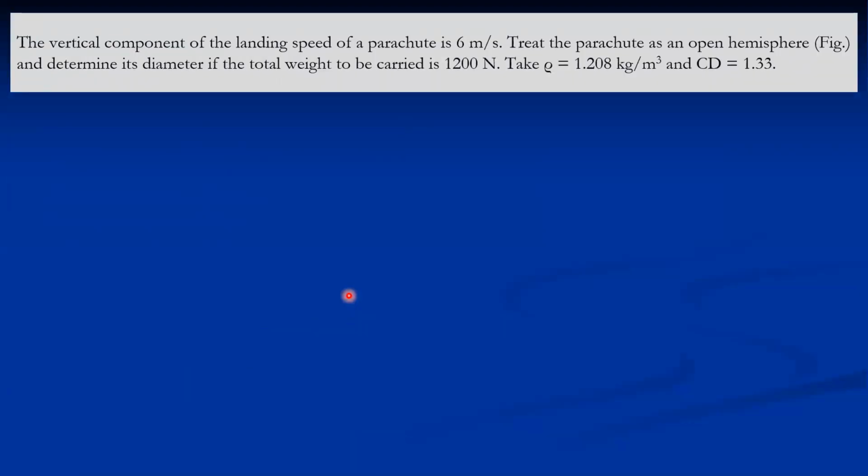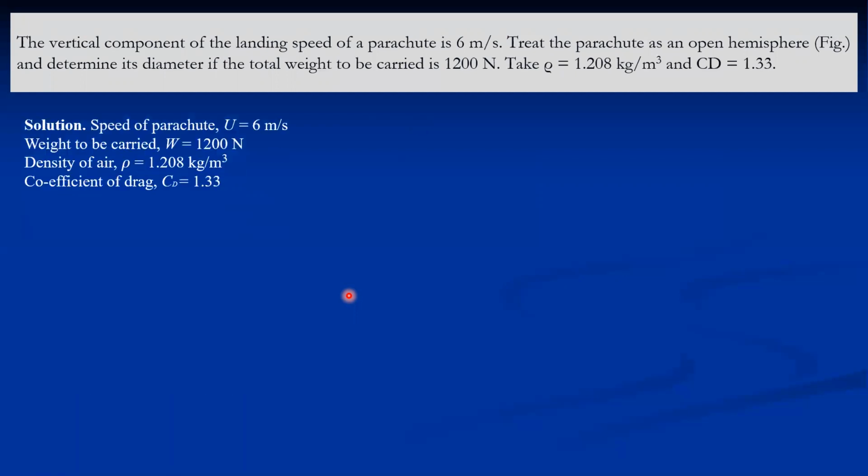And the next numerical: the vertical component of landing speed of a parachute is 6 meter per second. Treat the parachute as an open hemisphere as shown in the figure and determine its diameter. The total weight to be carried is 1200 Newton.